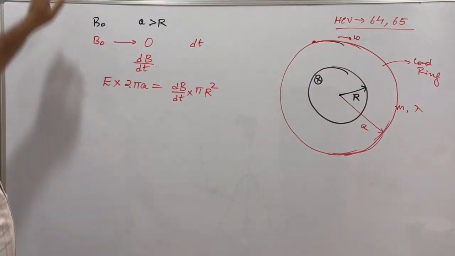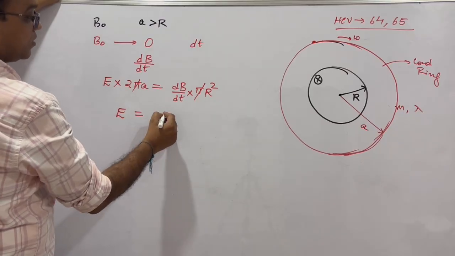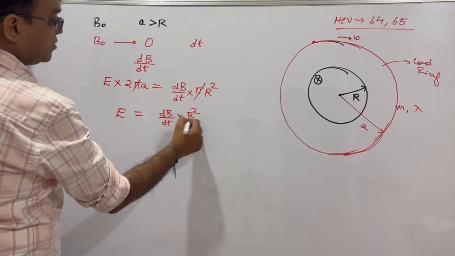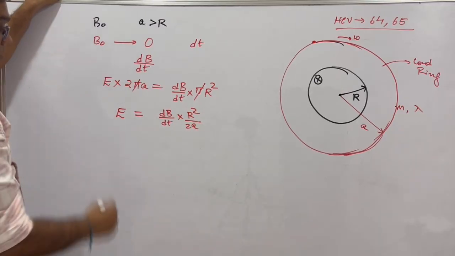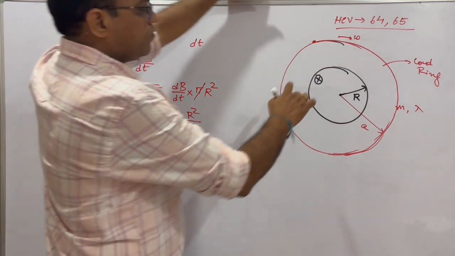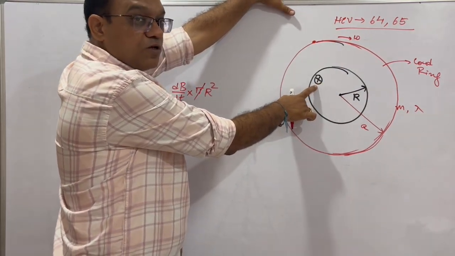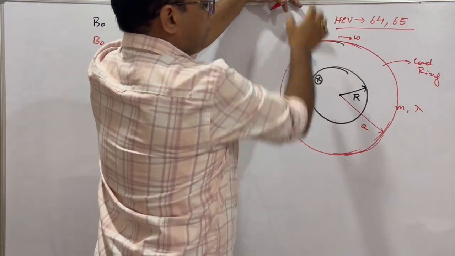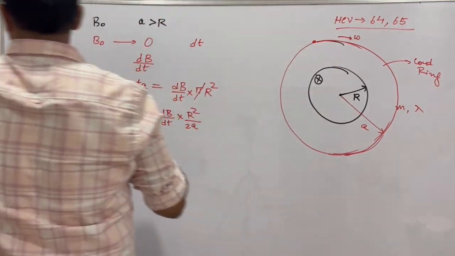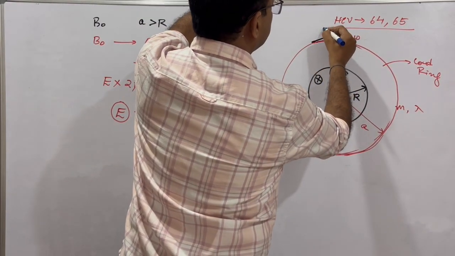So here you will get E equals dB by dt into R squared by 2A. Now because of this induced electric field, the field is decreasing, becoming 0 from a non-zero value, so the direction of the induced electric field will be this way.